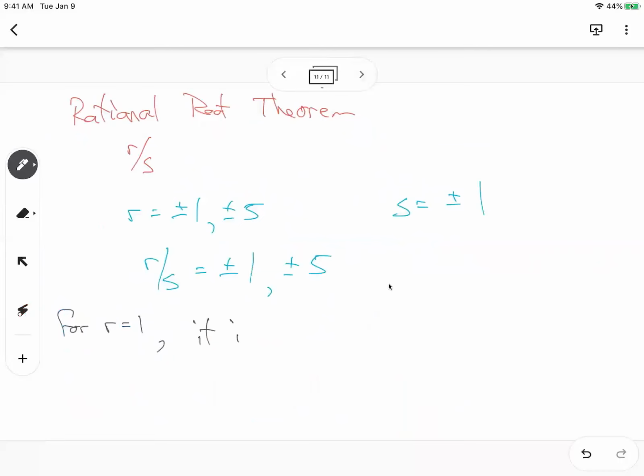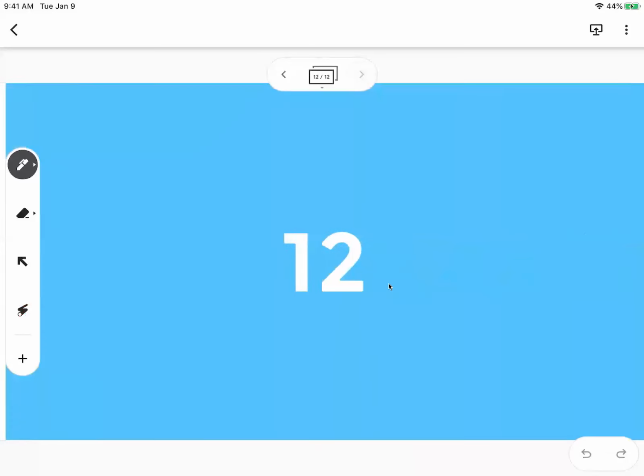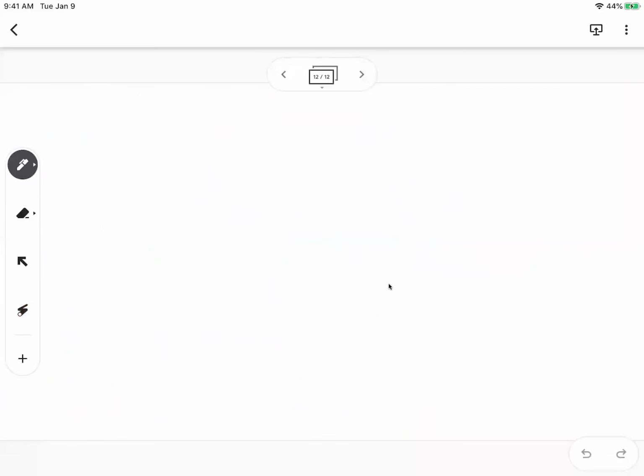I'll just write, it is a solution. So that means y equals 1 is a solution, which we said y was a over b, which implies a equals b. Okay, if a equals b, I'm going to go back to two equations I had written before.